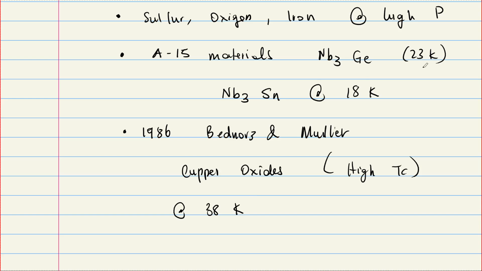You can see it is higher than these, but not terribly higher. But at the time, people were really excited because it was a completely different class of materials. These are not even conductors. These are ceramics, and they just cooled it, and they became superconductors, and people were very excited. Later, by studying related materials, people went all the way up to 165 Kelvin.